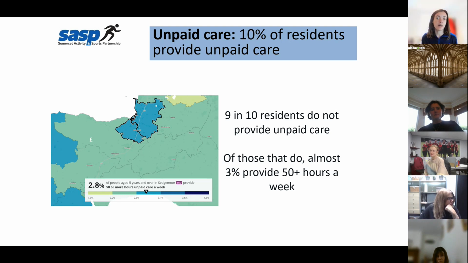We saw around 10% of residents provide unpaid care, and 3% provide 50+ hours a week. So that's full-time, very intense unpaid care. Quite a high proportion provide around 19 hours or less of unpaid care, but we are seeing quite a chunk provide a very high proportion of their week for unpaid care.